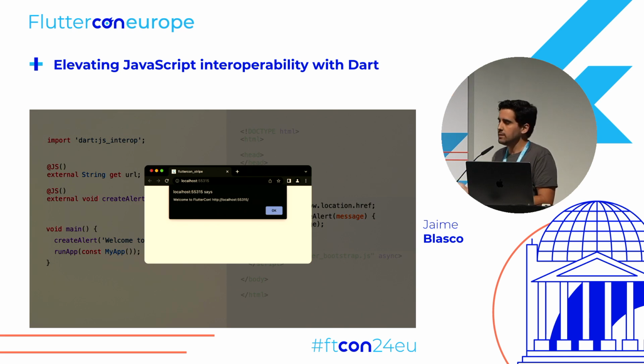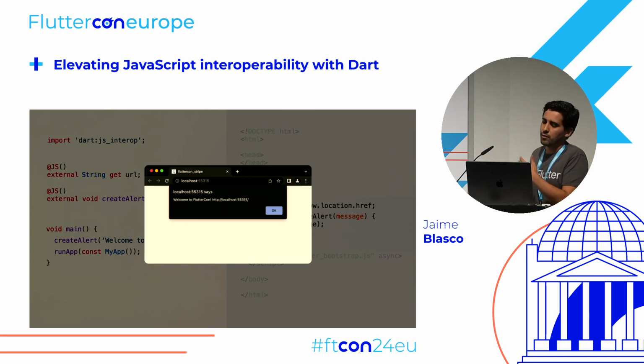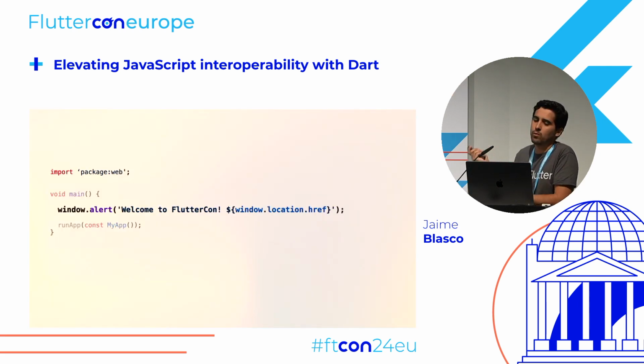But as we can see, we have window, we have location, we have the method alert. All these are browser APIs that we have seen already, something the browser provides to us, and we mentioned before that we can use the package web to do that. The package web already creates the interfaces for all this to be used directly in Dart.